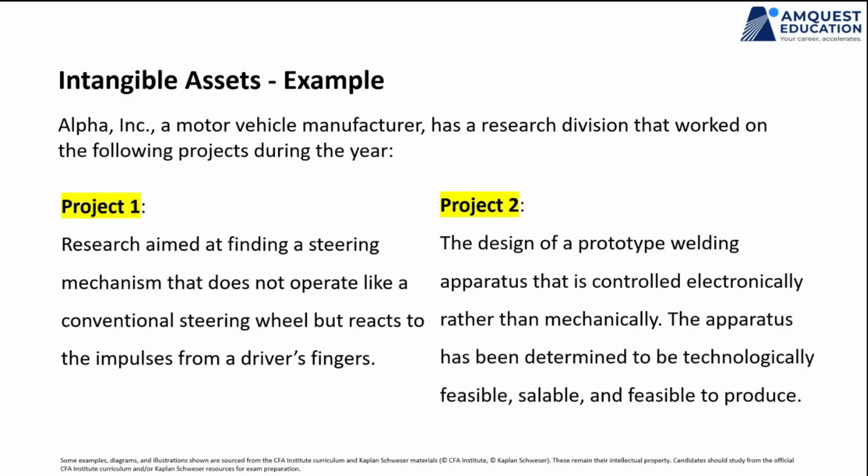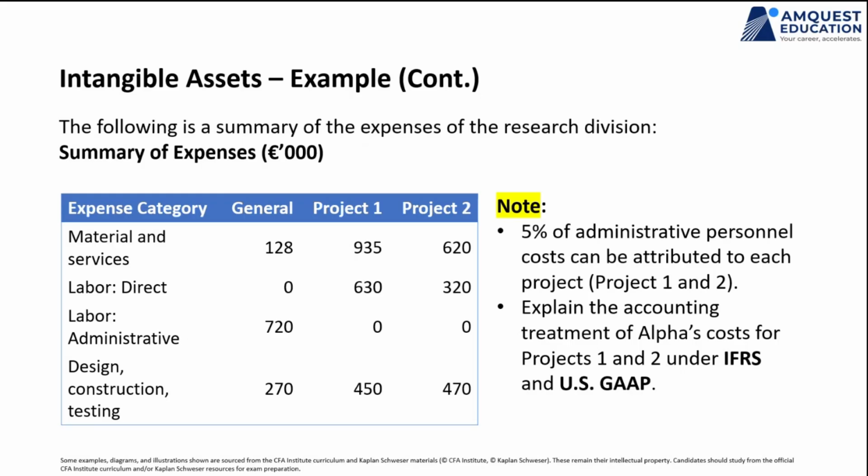Project 2, the design of a prototype welding apparatus that is controlled electronically rather than mechanically. The apparatus has been determined to be technologically feasible, sellable, and feasible to produce. So, how do we create an intangible asset out of it?